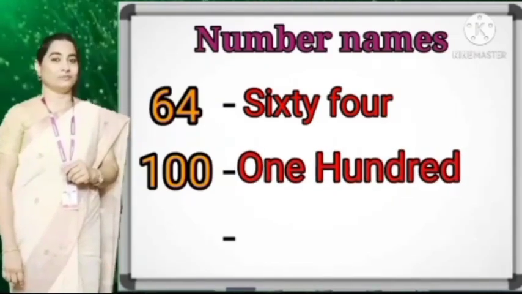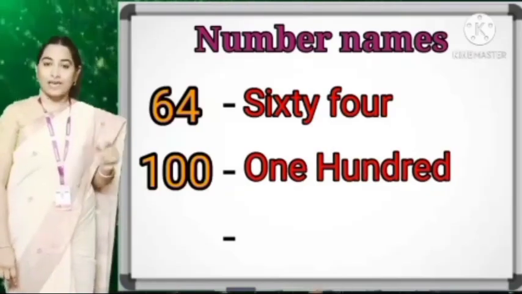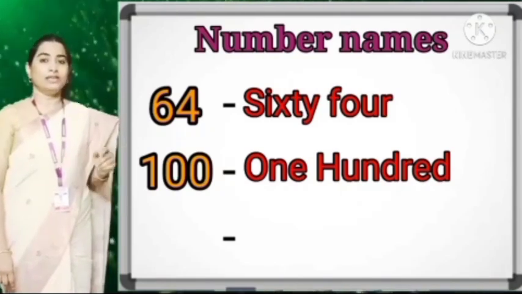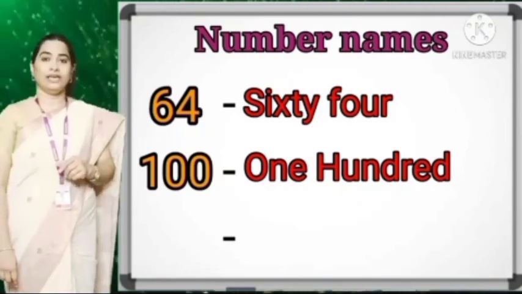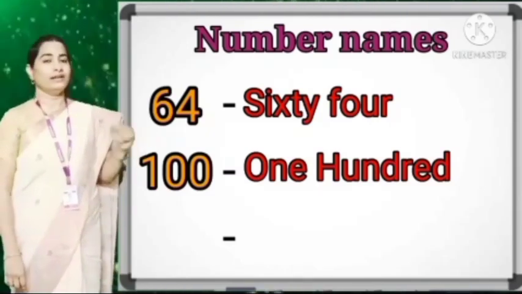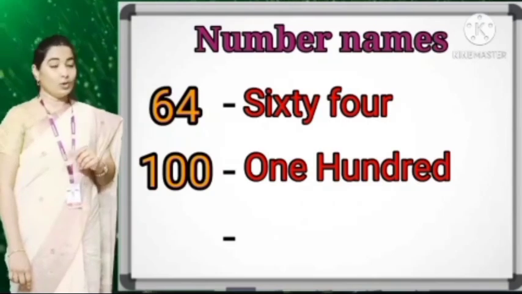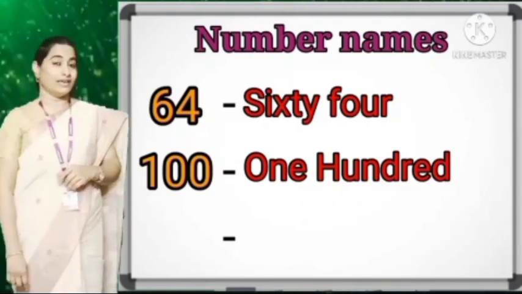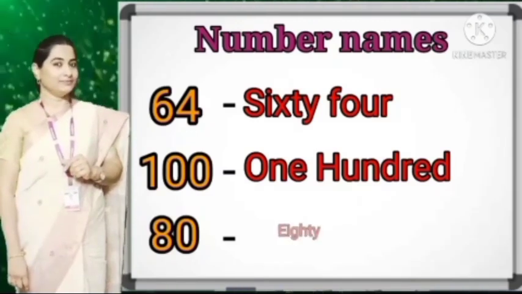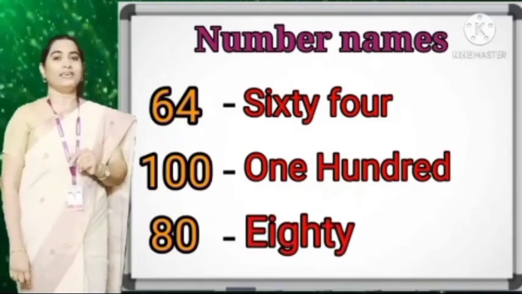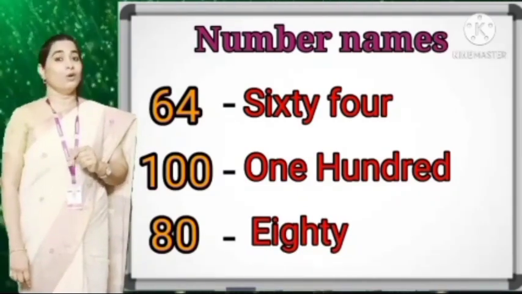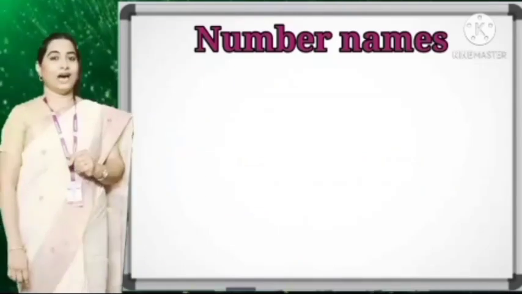O-N-E, 1. H-U-N-D-R-E-D, 100. And now, what is the next number? It's 80. How are we going to write 80? E-I-G-H-T-Y, 80.